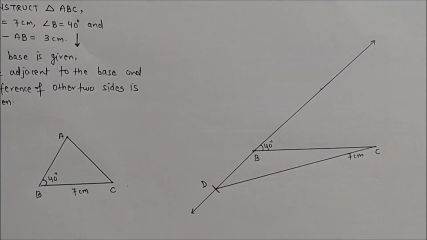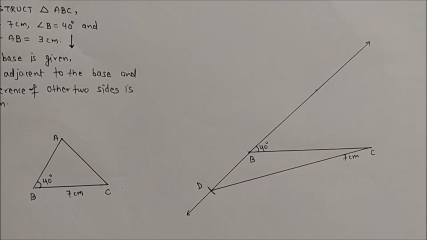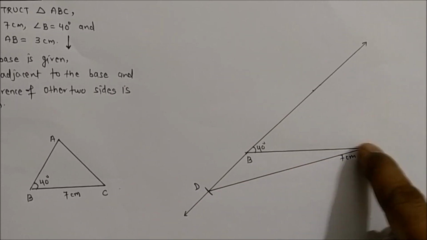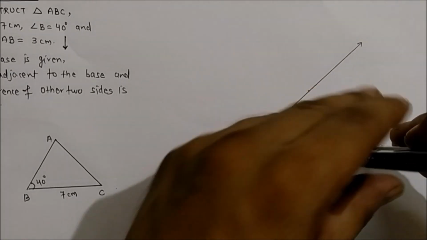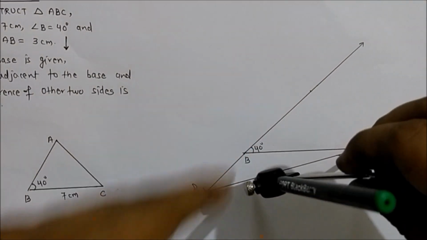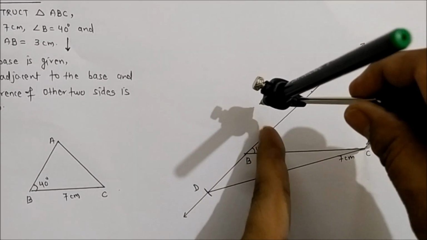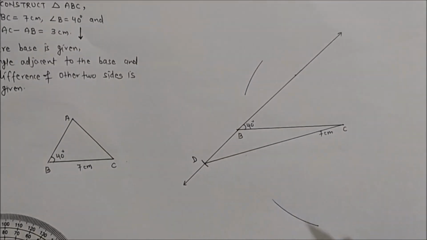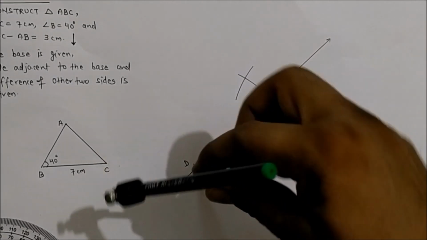Okay, and now in this case we will draw the perpendicular bisector of CD. CD perpendicular bisector. Keep the compass on point C. Take more than half distance. We can see that, and draw the arcs, and from D also. You can see that.